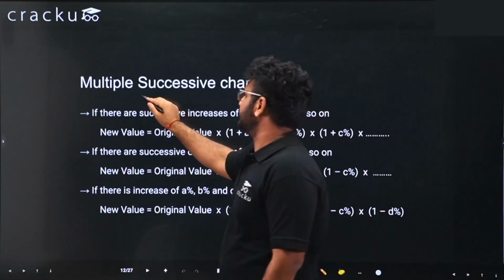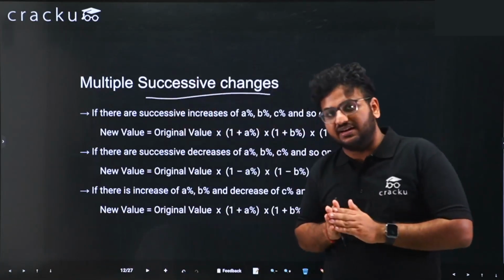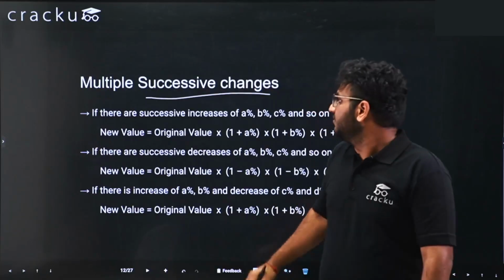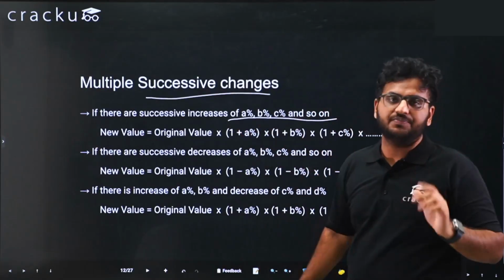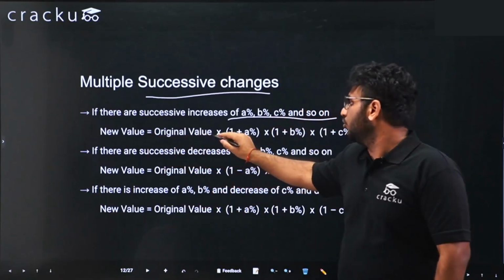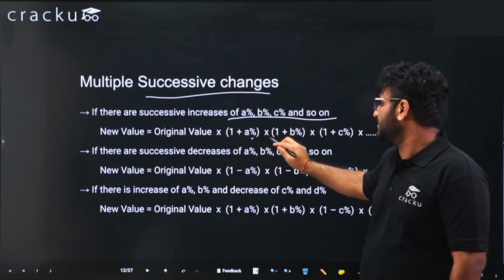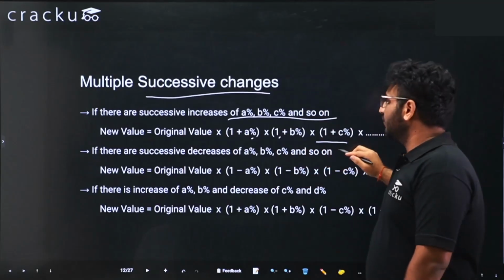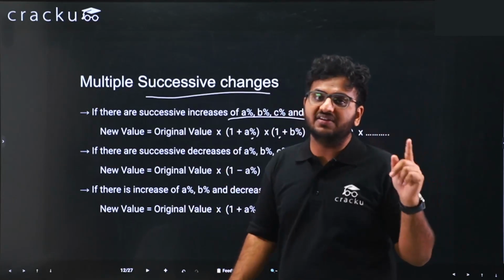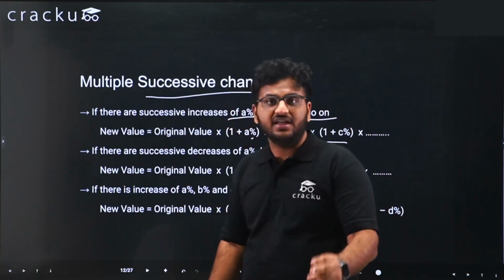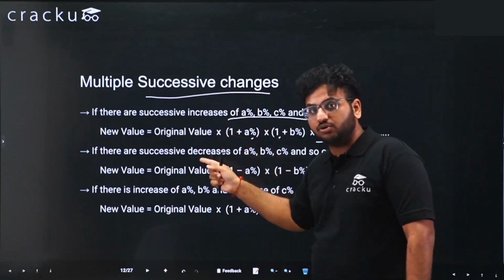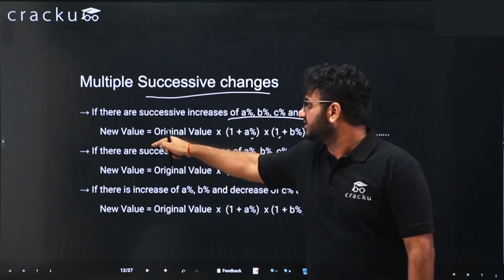Now multiple successive change. We have one more method. If we don't want to use A plus B plus AB divided by 100, we will use the multiple increase formula. It says that new value is equal to original value into 1 plus A percent into 1 plus B percent into 1 plus C percent and so on. A plus B plus AB by 100 is used for only two successive percentages, but for more than two successive percentage changes, we can use this formula.